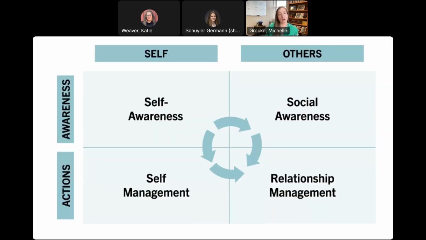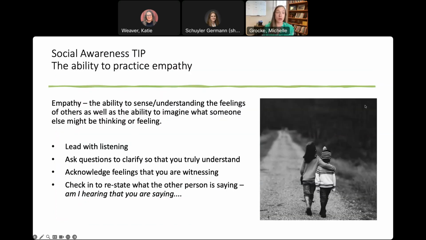All right, now we're going to go over to this quadrant where other people are involved. Everything we just talked about was very self-awareness, self-management. So now incorporating others, a very important part of emotional intelligence. So that's a social awareness piece.